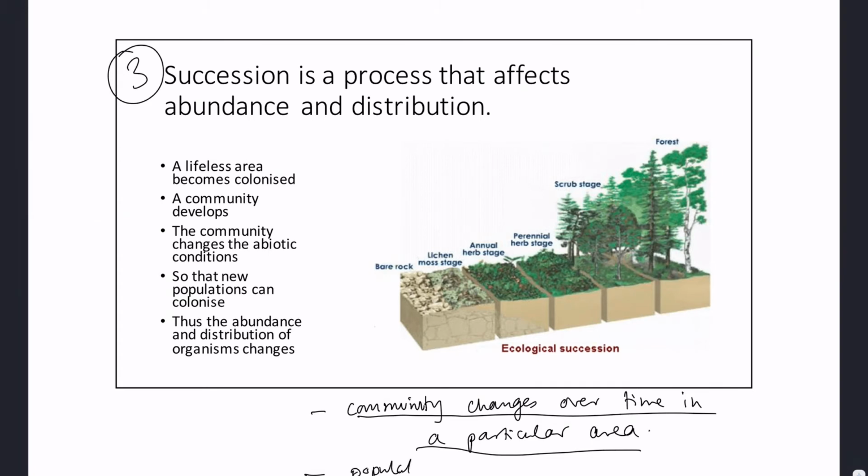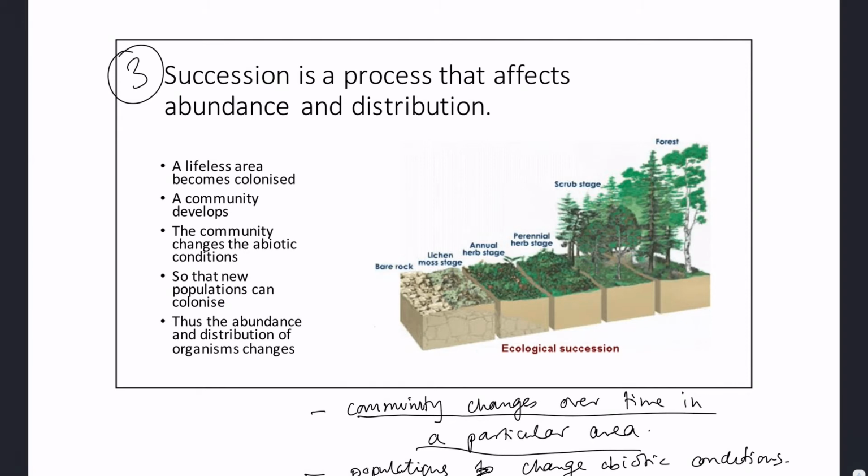populations have the capacity to change. It's not all populations, but in succession what happens is a population changes, populations change abiotic. Populations are responsible for changing the abiotic conditions.